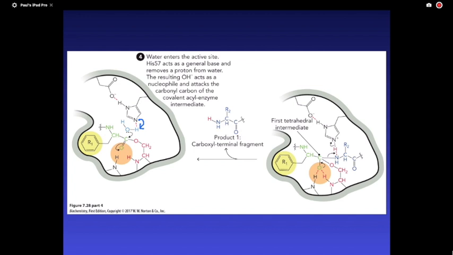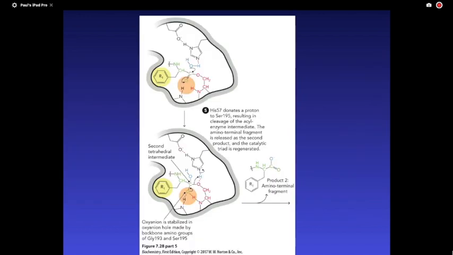Then this, I would actually say, that pair of electrons will attack. I kick up, create another oxyanion, and almost done. The oxyanion will be temporary.